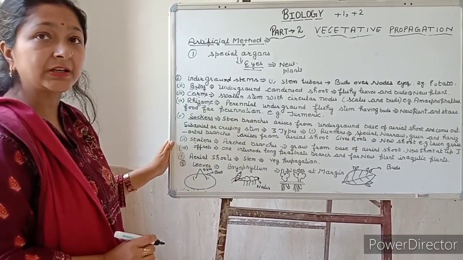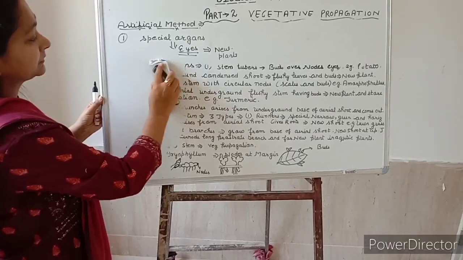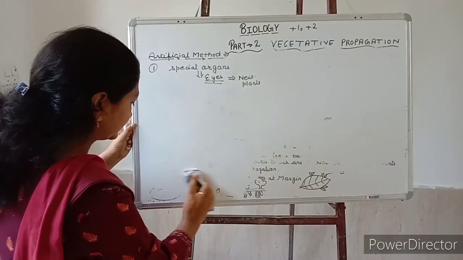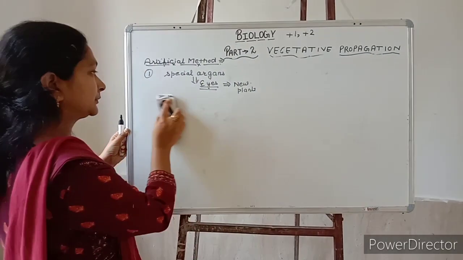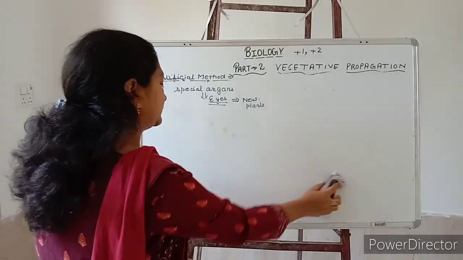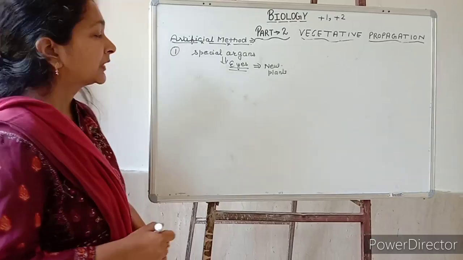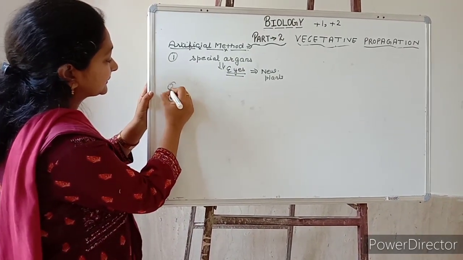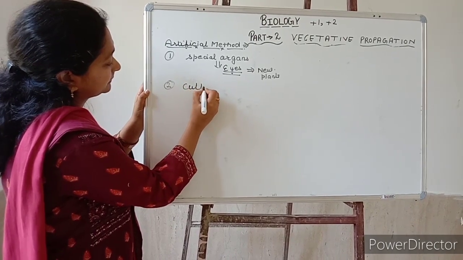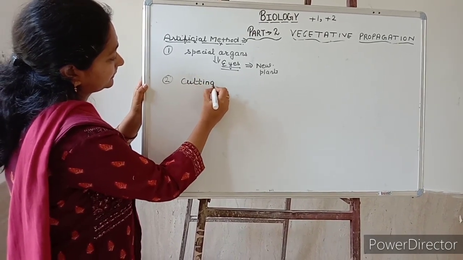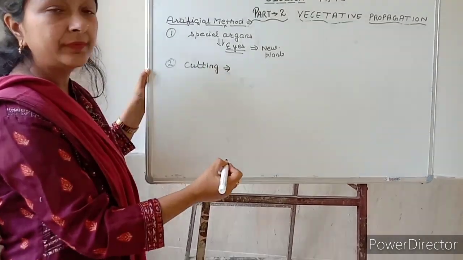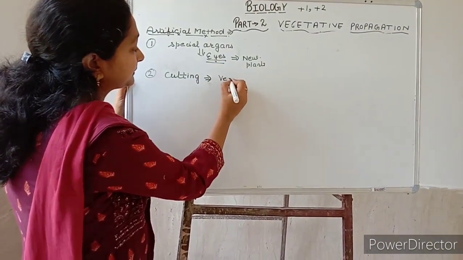Now the second one is cutting. Cuttings also help in vegetative propagation.